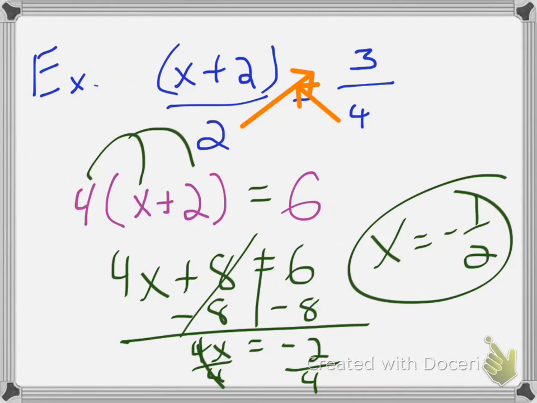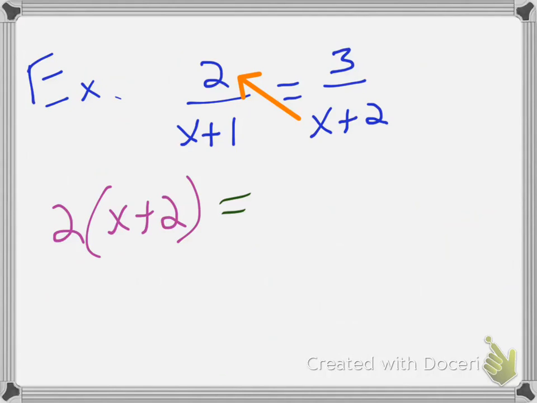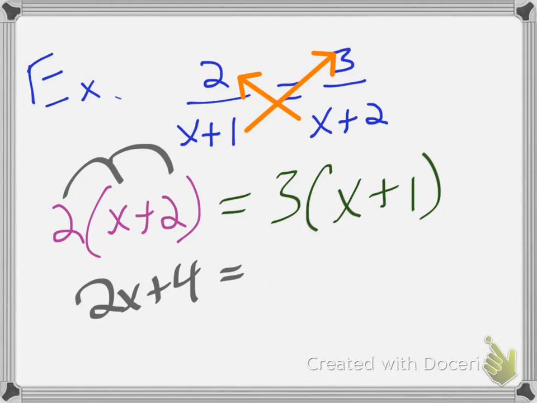Let's do an even harder one. The first step is to do x plus 2 times 2. So that's 2 times x plus 2 equals, and now let's do x plus 1 times 3. So 3 times x plus 1. Get rid of the parentheses first, so we're going to distribute: 2x plus 4 equals 3x plus 3.